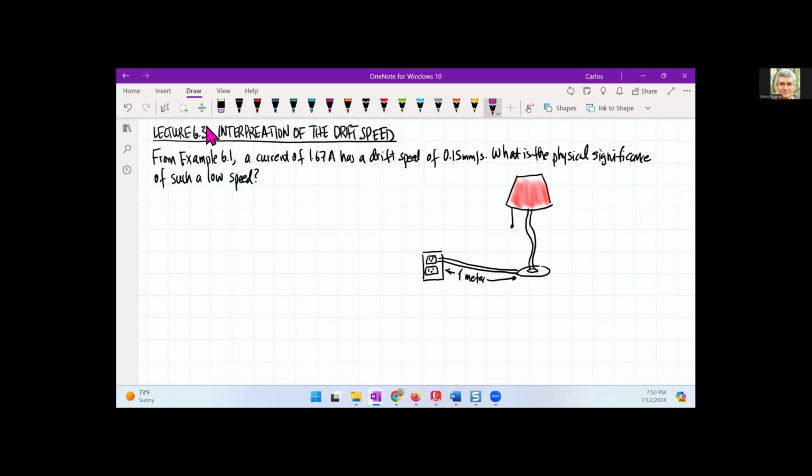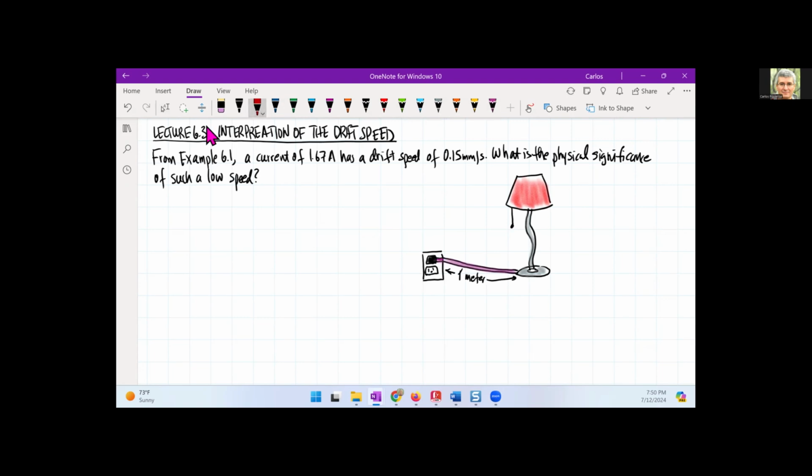So I'm looking at this plug here, and it's doing this here. And then we finally turn on the light because we've now attached it to the outlet. And so we know that there's going to be current flow that's going to go through the lamp.